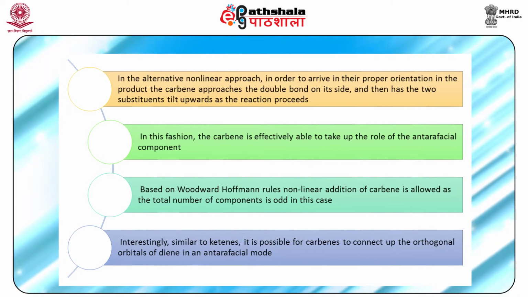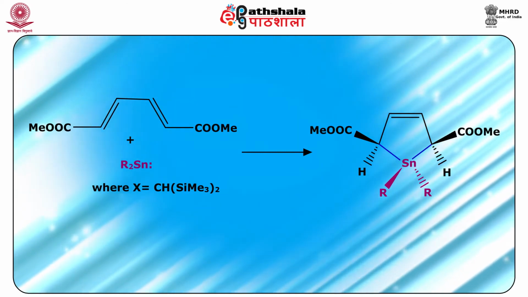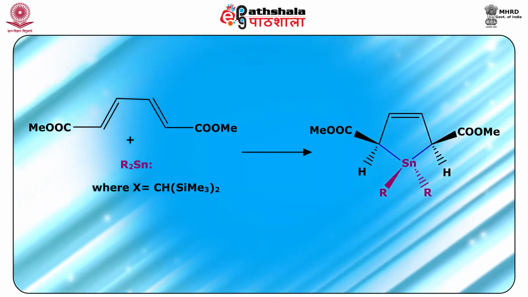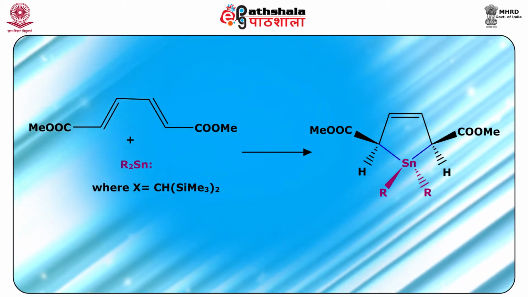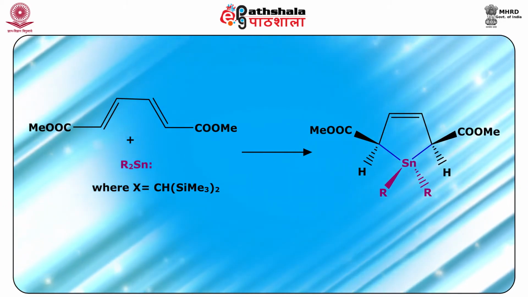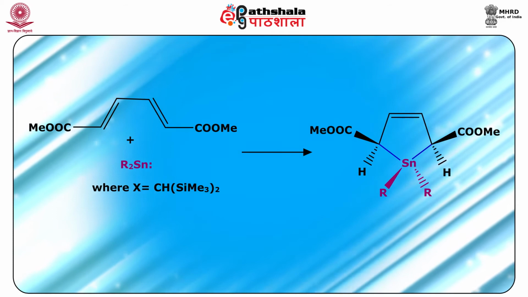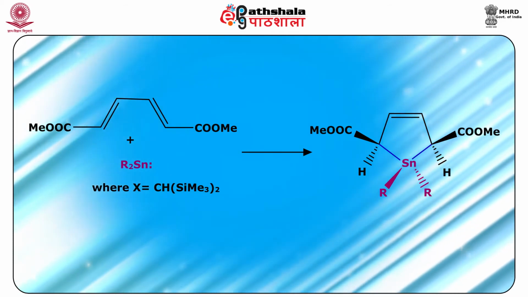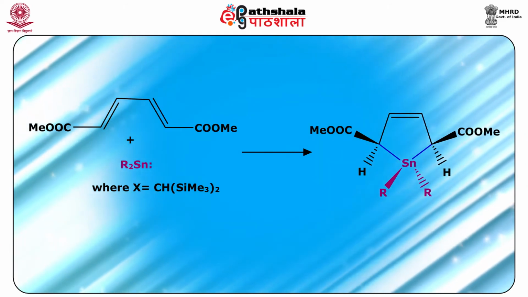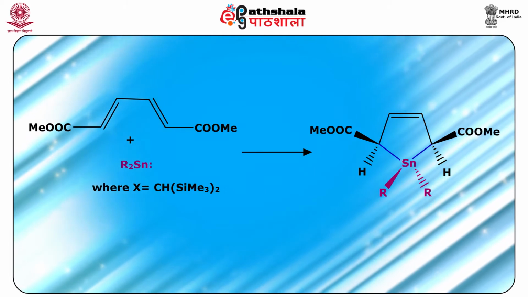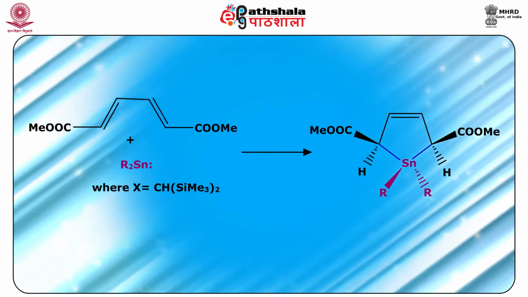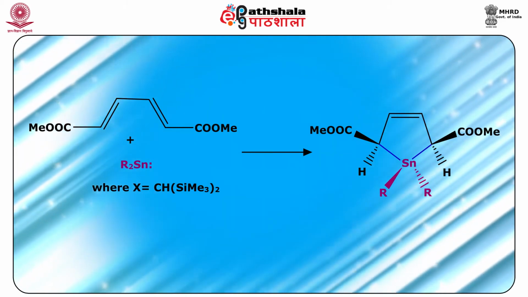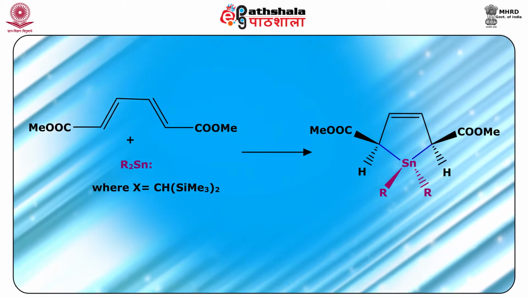antarafacial mode. Heavy carbene analogues, stannylenes, are singlet species that react with dienes via a concerted thermal 2+4 cycloaddition, which is a cheletropic reaction of the linear type allowed by the Woodward-Hoffmann rules to give cyclic products. This reaction was reported to be possible only for most electron deficient dienes to give the cyclic product.